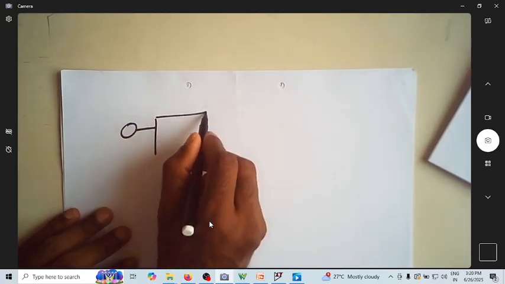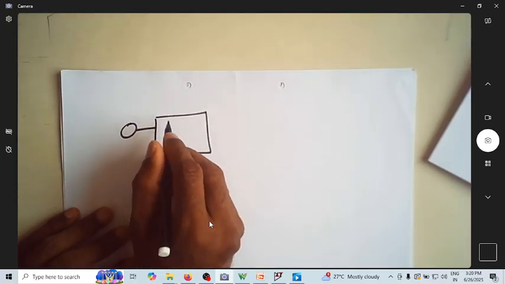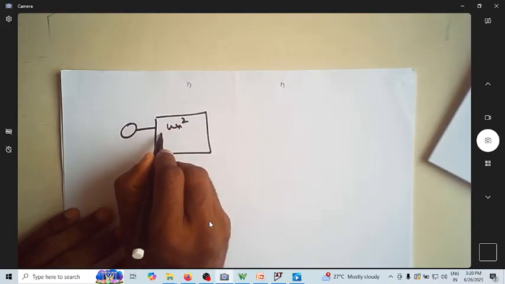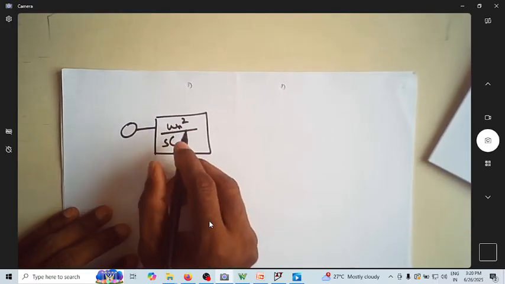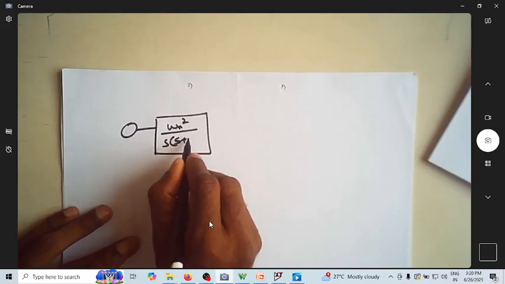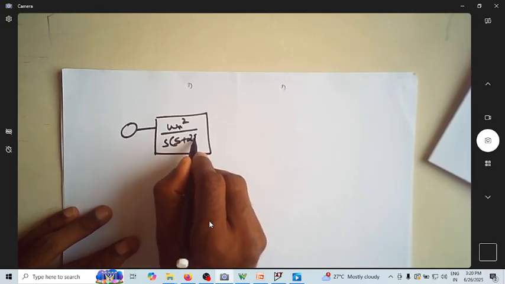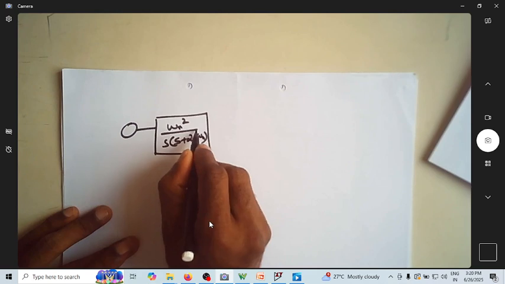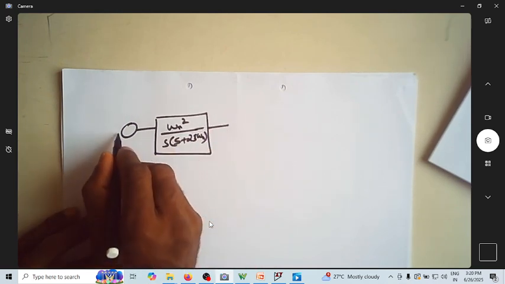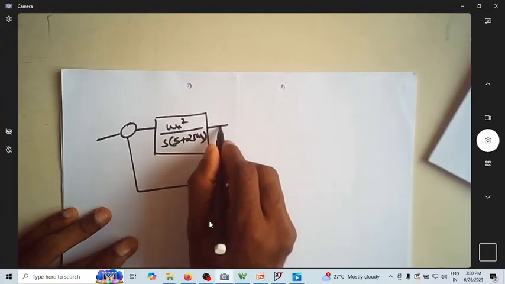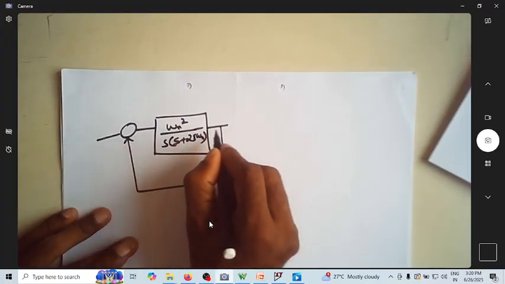So this is omega n square over S into S plus 2 zeta omega n. So this is the equation. What I have is this, with a minus sign in the feedback.